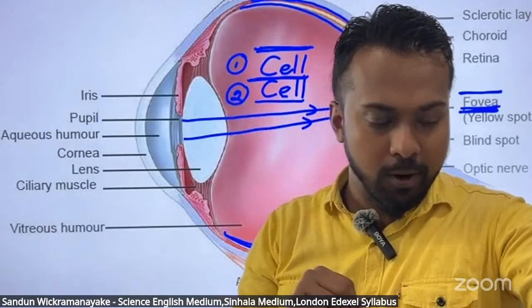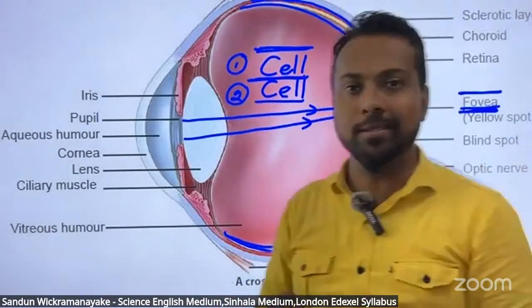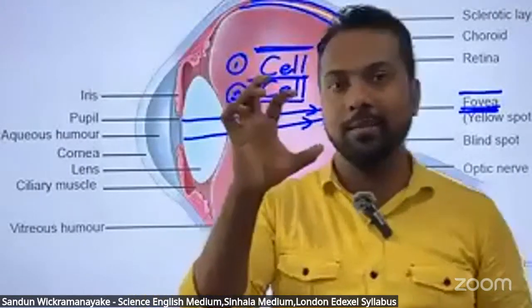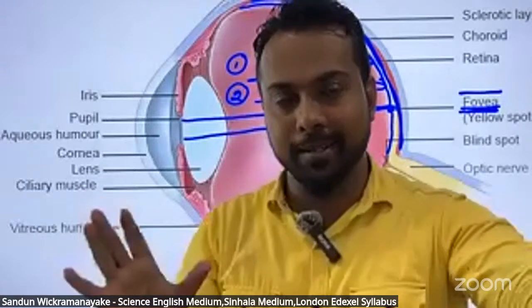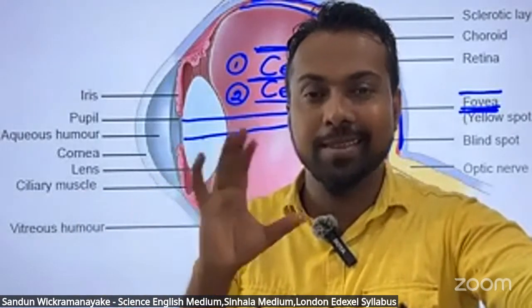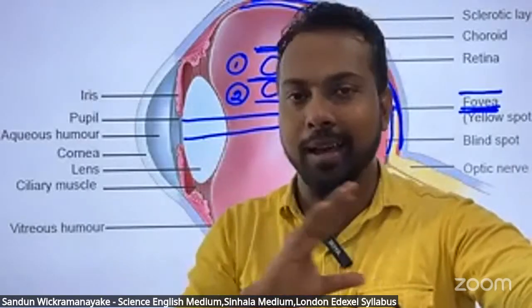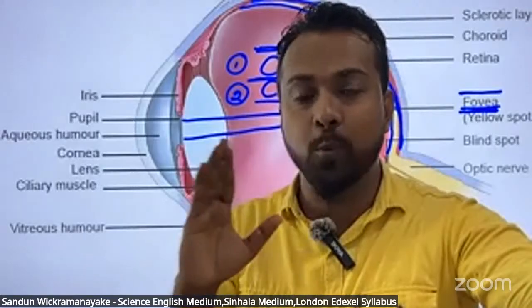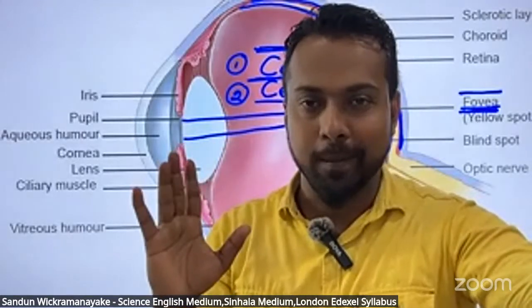That one is called cone cells. The cone cells can observe the other colors of the world, right? So the tiger, lion, and cat cannot see colors. They can only see black, gray, and white in this world, right?